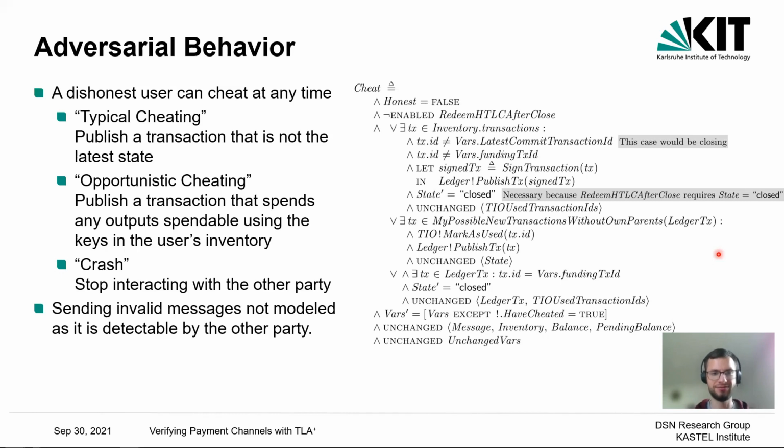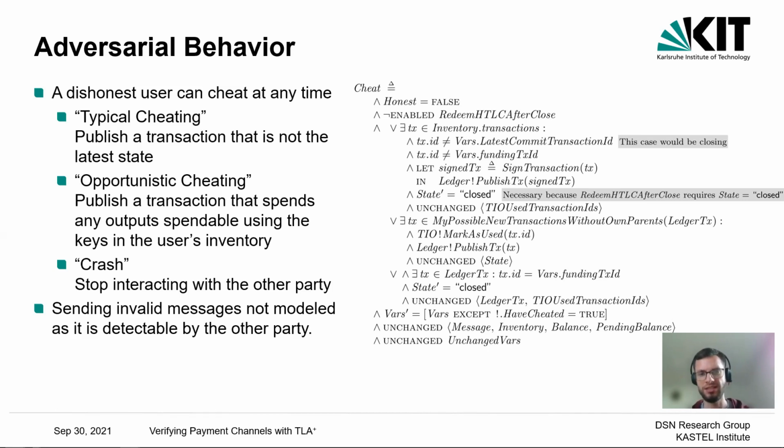And then there is a last type of adversarial behavior that a user can simply crash or just go to the state closed and stop interacting with the other party. We haven't modeled sending of invalid messages because when one user sends a message to the other, it is always detectable by the other party whether the content that has been received is valid, or if it is not detectable, then the adversary doesn't gain anything from it.